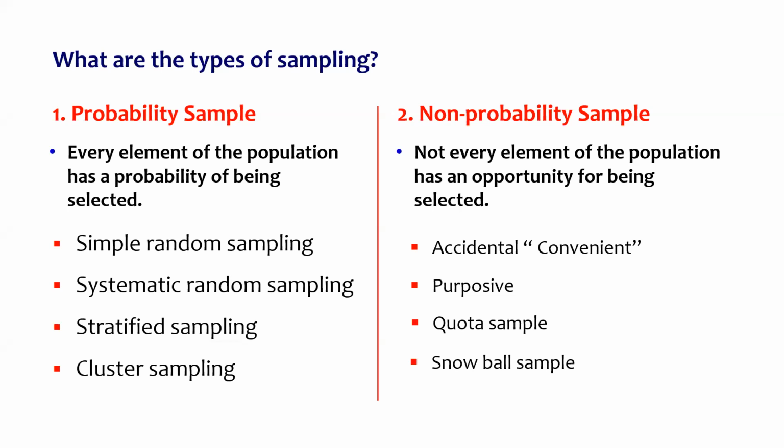Even if you ask a person, are you addicted? He will say no. So if we catch one of those, we ask him to bring his colleagues, and then those colleagues to bring further colleagues. So they resemble a snowball sample.